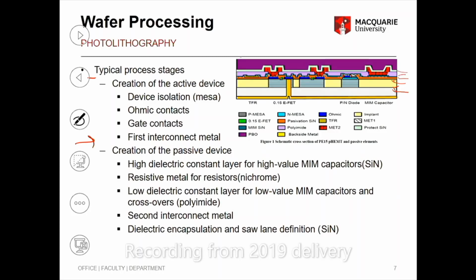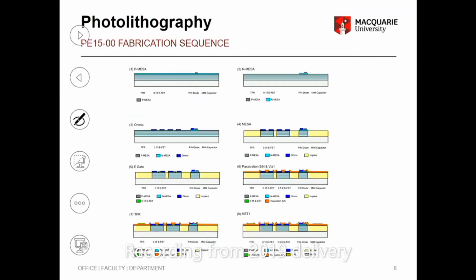Now there's an order in which they are built. If you look at your iLearn, I think I uploaded the layout manual. It actually tells you what the fabrication sequence is for the P15.